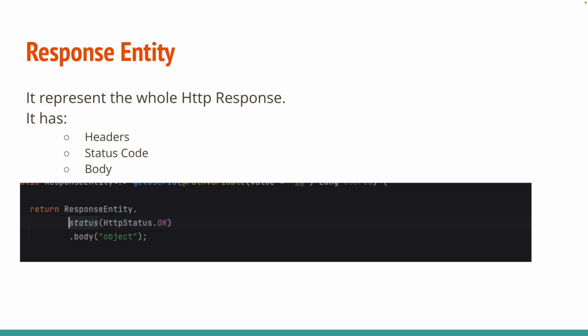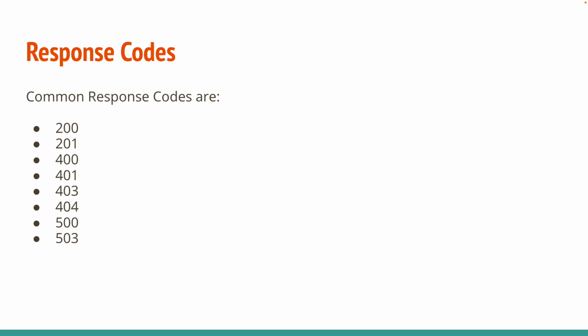I will show you how the JSON looks, and each response must have a status. It's either okay, an error, created, or a security issue. I will show you how to do this.